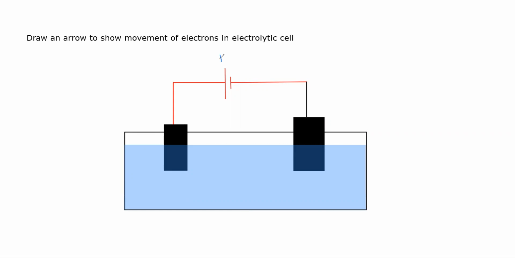So this one is a positive terminal, negative terminal. The one which is connected with the negative terminal is the cathode, then the anode, and the electrolyte.